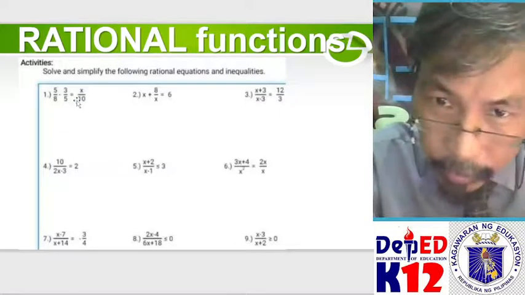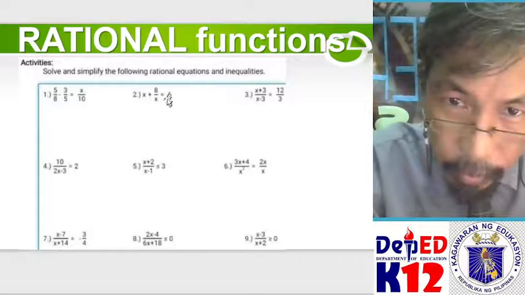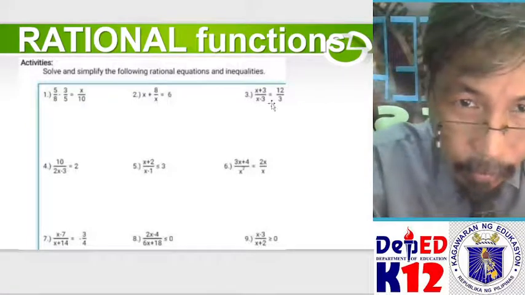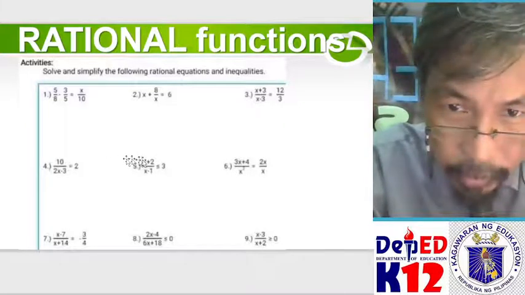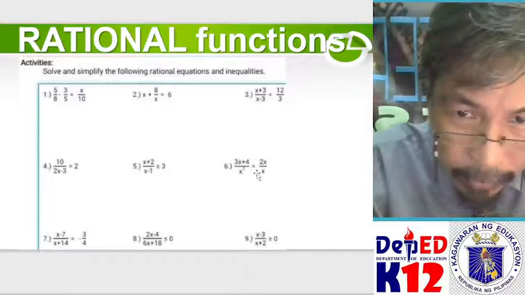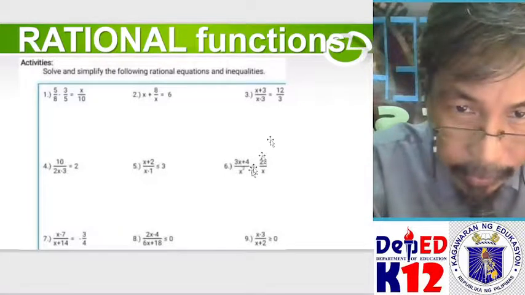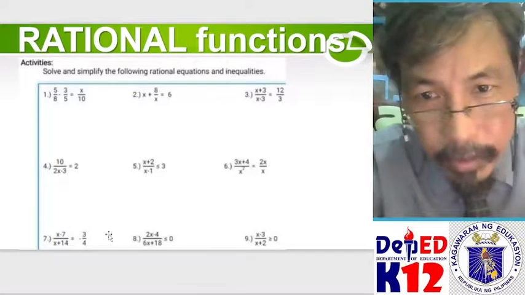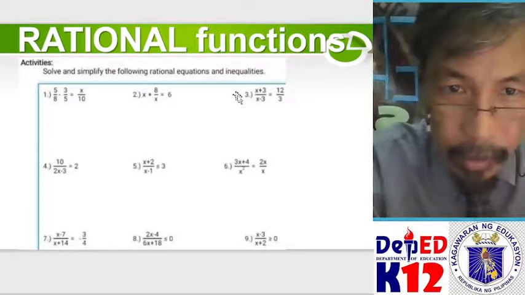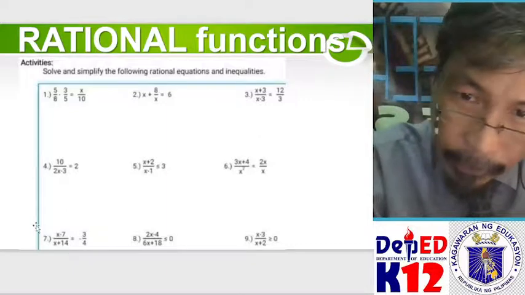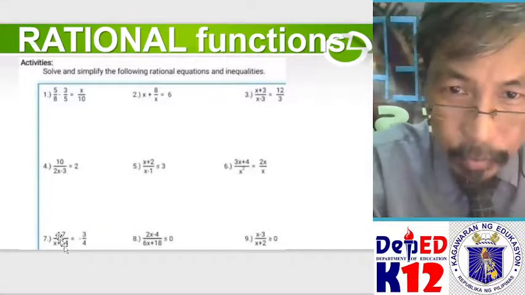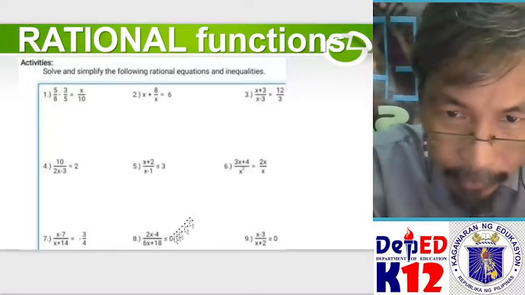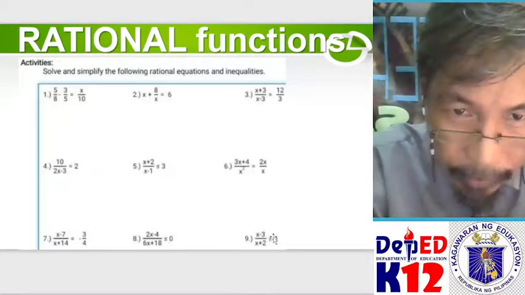But since we have equation symbols here, the equal sign enables us to distinguish these as rational equations. Take a look at number 5, number 8, and number 9.